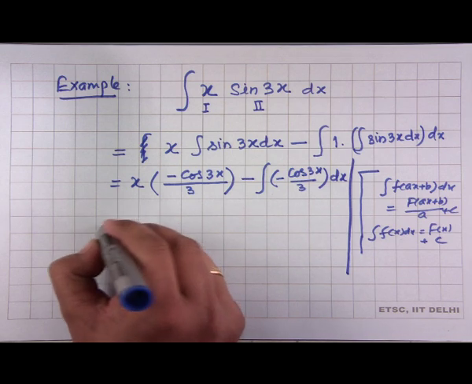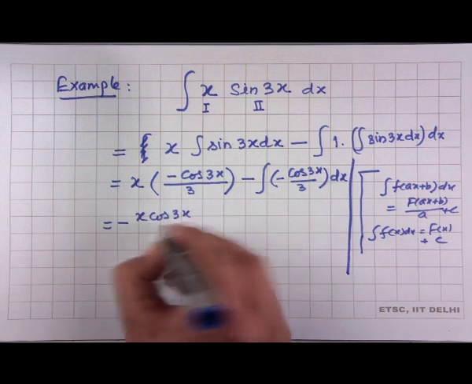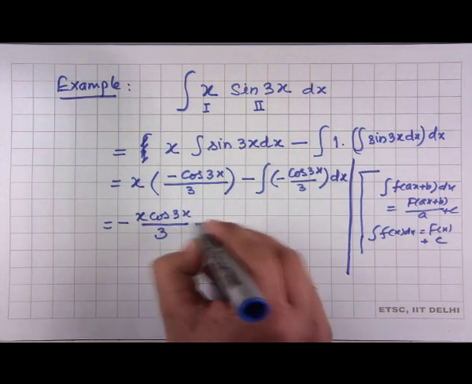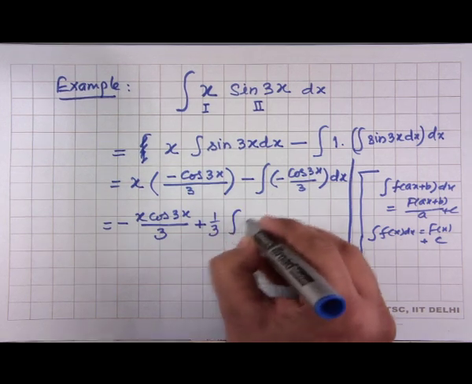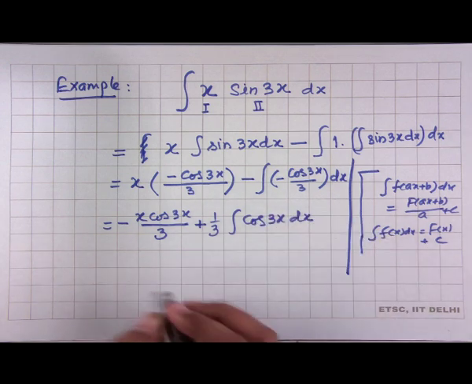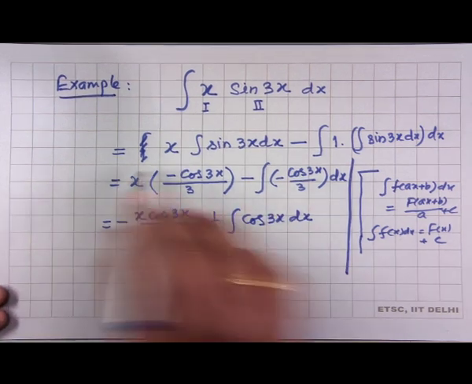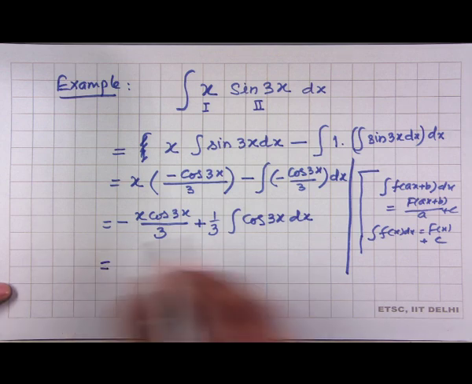So, this term goes to minus of x cos 3x by 3 minus minus plus 1 by 3 integration of cos 3x dx. A little care should be taken at the beginning, that is why I am writing all the steps. Once you get acquainted with this calculation, you can skip a couple of steps.